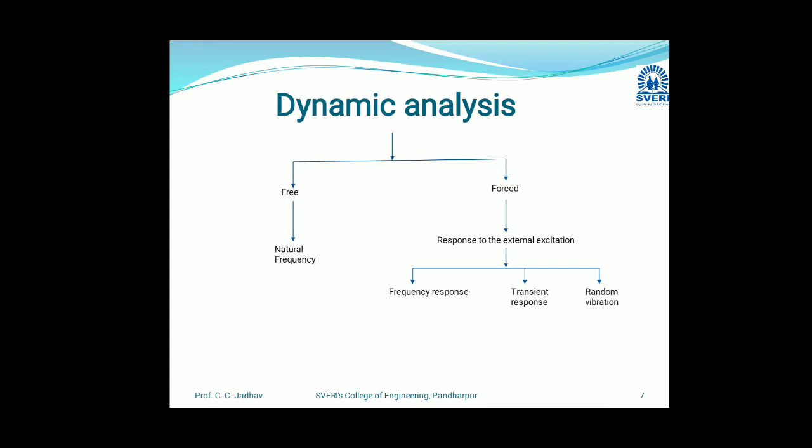These are some examples of the frequency response. And in the transient response, the time domain is there, and in the time domain it is an arbitrary but well defined excitation, constant acceleration, force at a given frequency and road excitation. So these are the transient response.